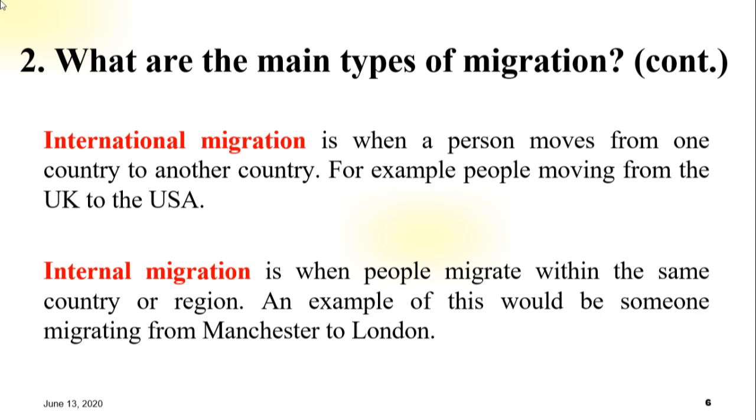For example, in Ratanakiri province, they just move from one district to another district. Or in the same country, from one province to another province, for example from Kratie to Phnom Penh. It means in the same country or the same region, but in only one country.